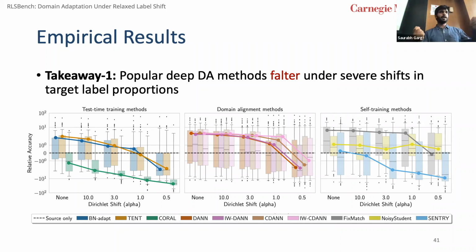If the benefit from adapting P of X given Y is more than the hurt incurred due to shifts in P of Y, we may see that these adaptation methods are still helping. For example, for Dirichlet shifts at 3.0, we still see that overall there is some help, because of this trade-off.